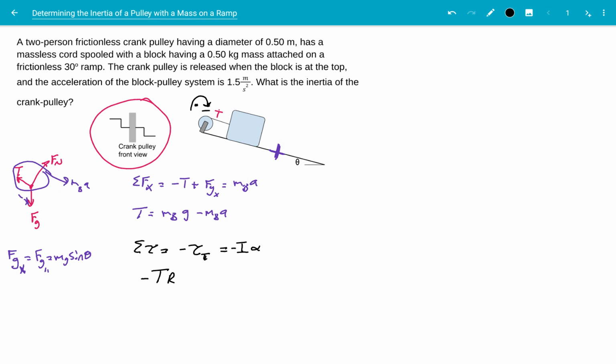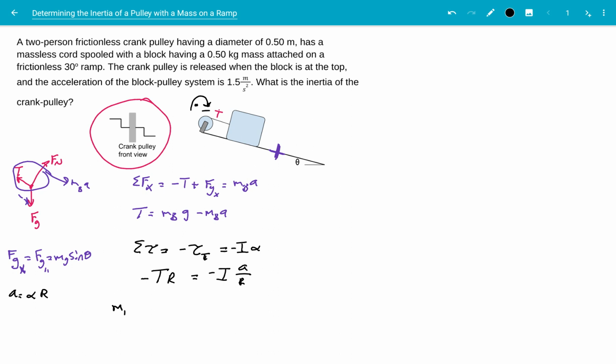I'll keep the minus on that side, equals I, and the minus will disappear, a over r, because a equals alpha r. These are equations I want my students to remember. Now that I know that, I'm going to get rid of the minuses, and I'm going to put in what the tension is equal to.